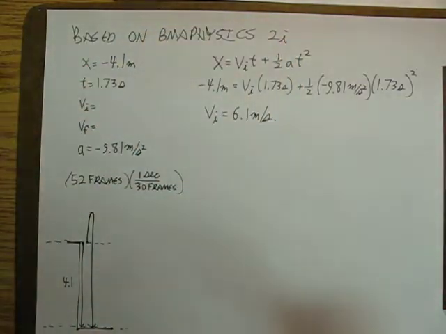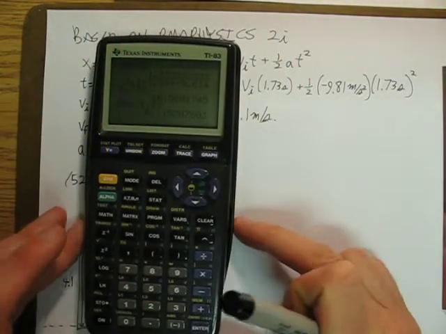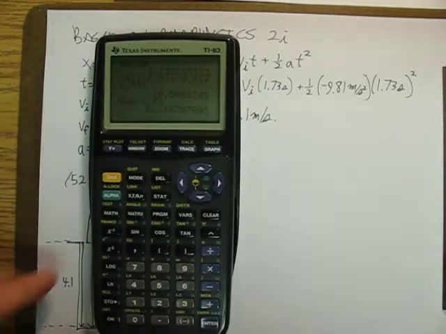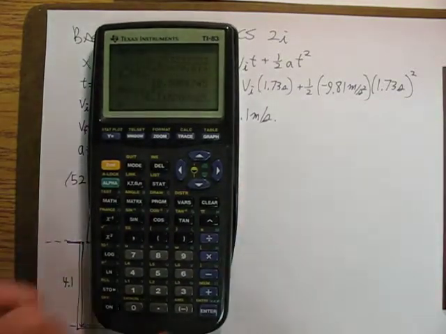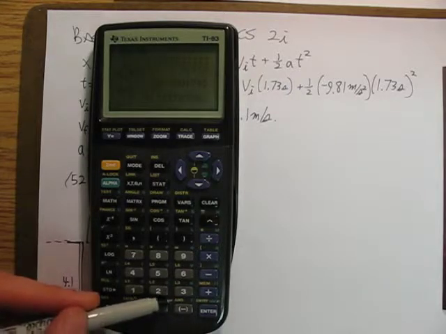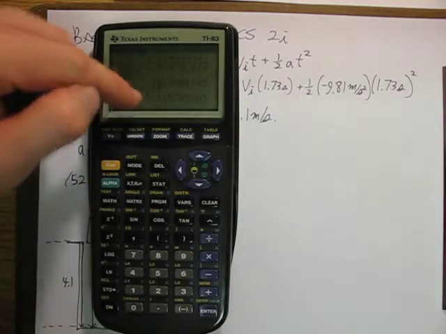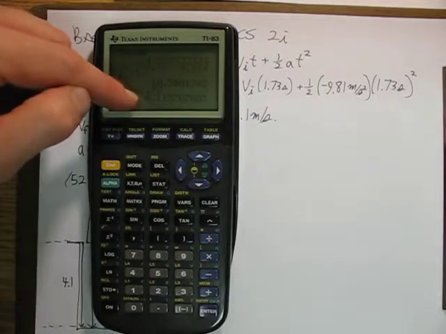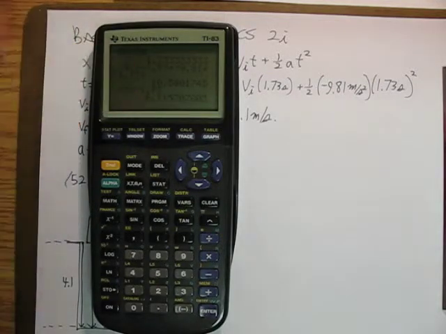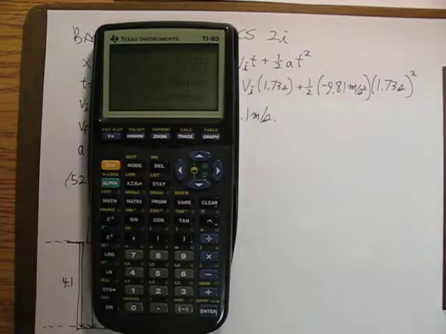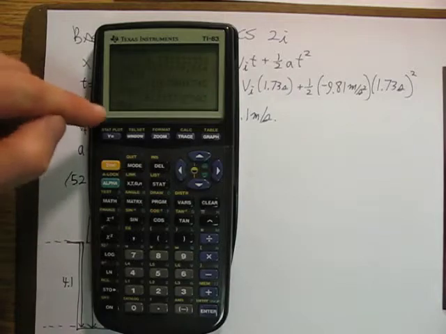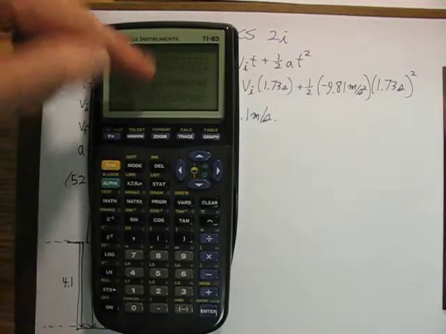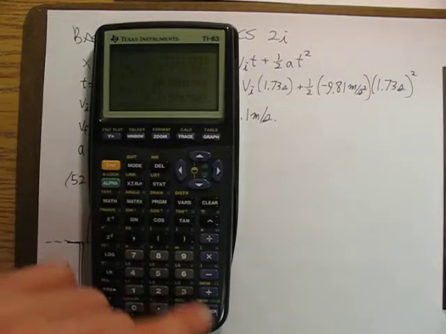What I used on my calculator was a really good feature, and that's this key right here, this ANS. If I want to take 6.115707803 and multiply it by something, say 3, all I can do is press second ANS, and now it holds that previous value in memory, and I can multiply it by 3.